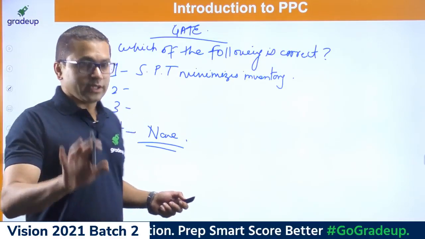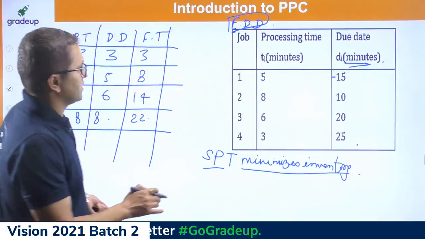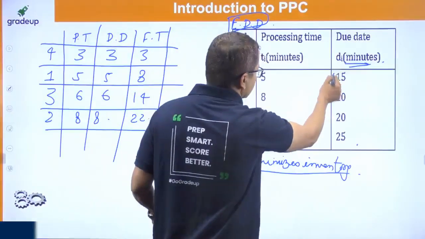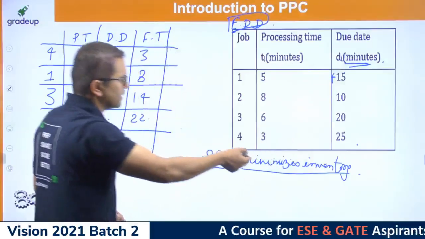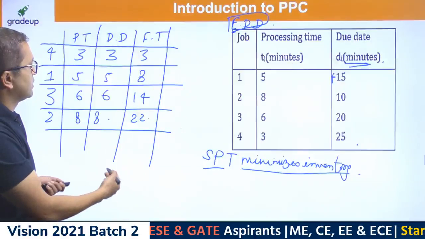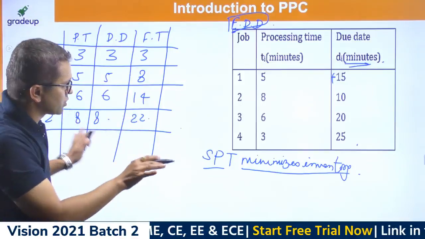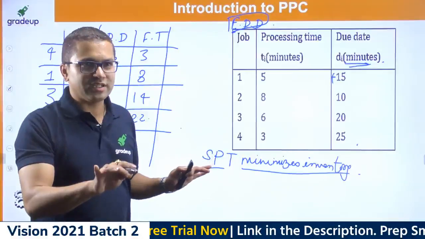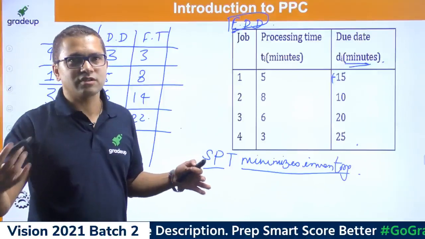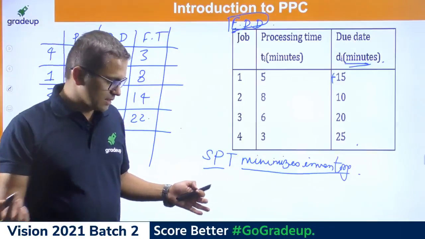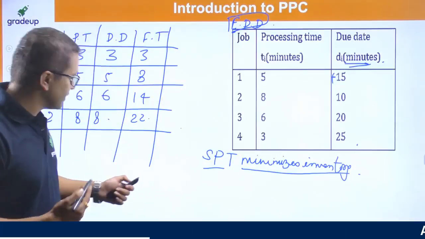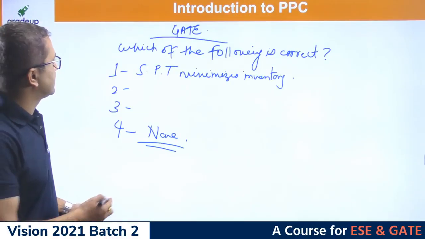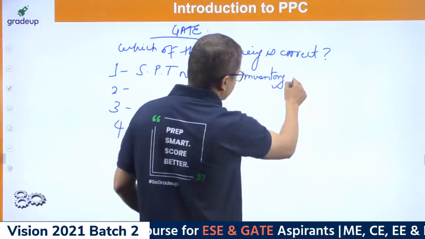What I told you is, you just need to imagine a situation like this. Just imagine there are 4 jobs, processing time like this, due date like this, and calculate using EDD, SPT, first in first out, last in first out. So yes, that's the way to approach this problem, given that you don't know that this is correct.